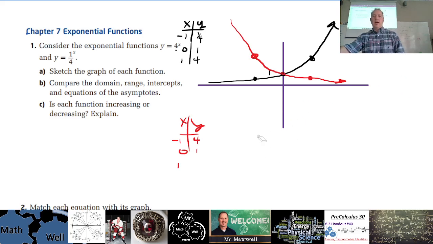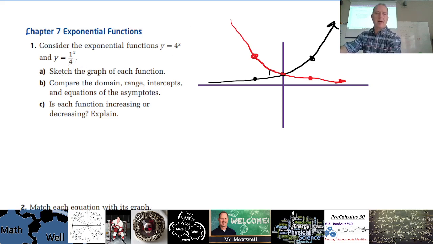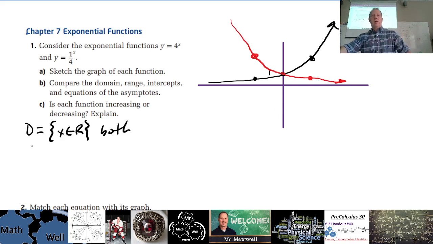Now it says compare the domain, range, intercepts, and equations of the asymptotes. So if we're going to compare between these two graphs, you should say here that the domain is x ∈ R, all real numbers, for both. The range is y, what's the range for these ones?